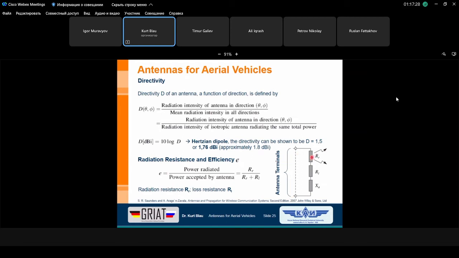How can we explain the behavior between these two terminals? We apply a voltage, measure a current, and the measurement system shows us a certain impedance. The impedance consists of a real part, which is the sum of both. By the measurement system we cannot determine what is the radiation resistance and what is the loss resistance, because we can only measure the impedance together.